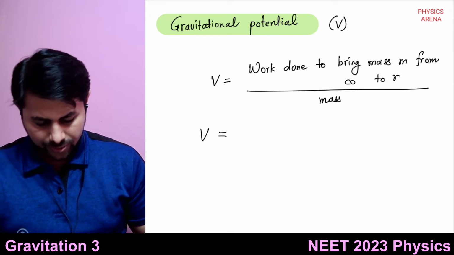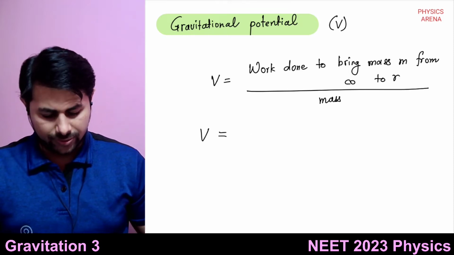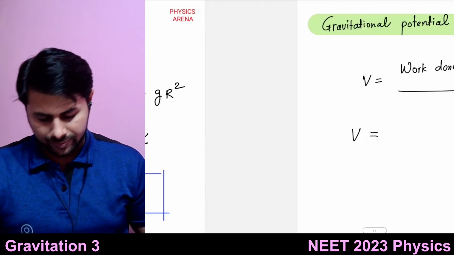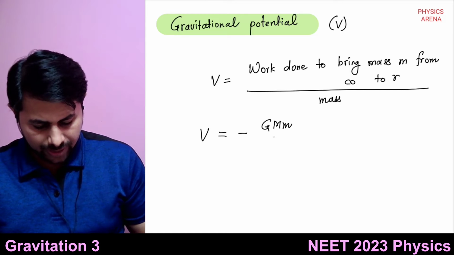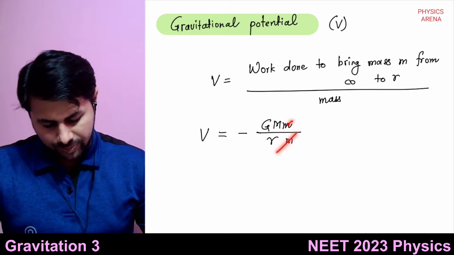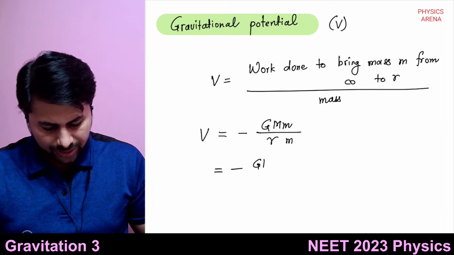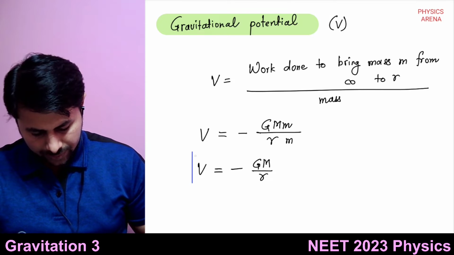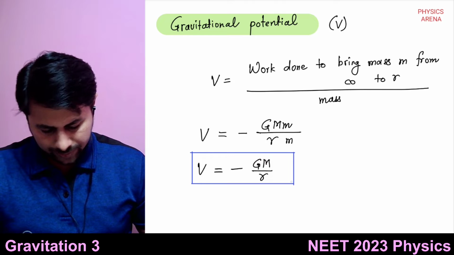So we can write V, or we can call it V at r. Now if we divide by mass, what do we get? Work done is GMm divided by r. If we divide this by mass, the mass m gets cancelled. So we get minus of G times M upon r.